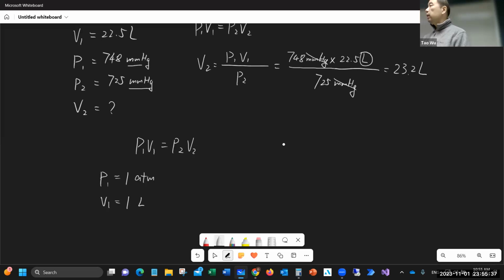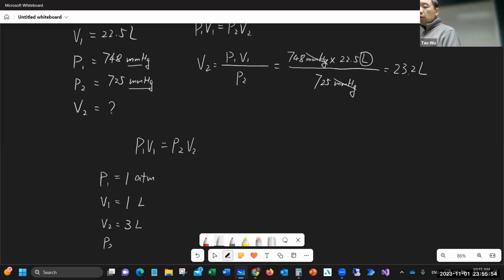We'll just assume a number. It really doesn't matter, okay? So this is 1 and 1. Now, they talk about the volume being tripled. So the second volume is tripled. The original is 1 liter, tripled becomes 3 liter.